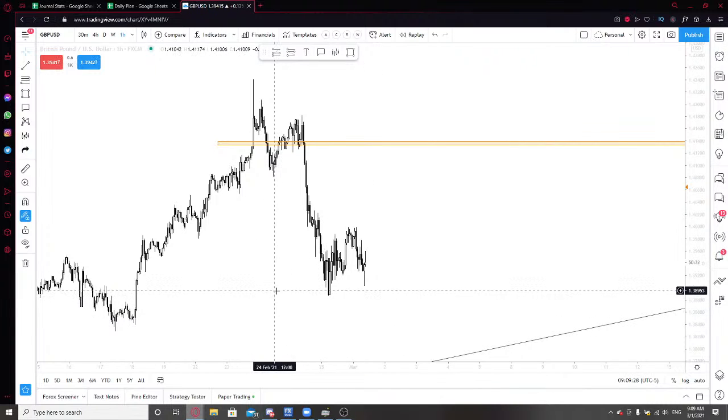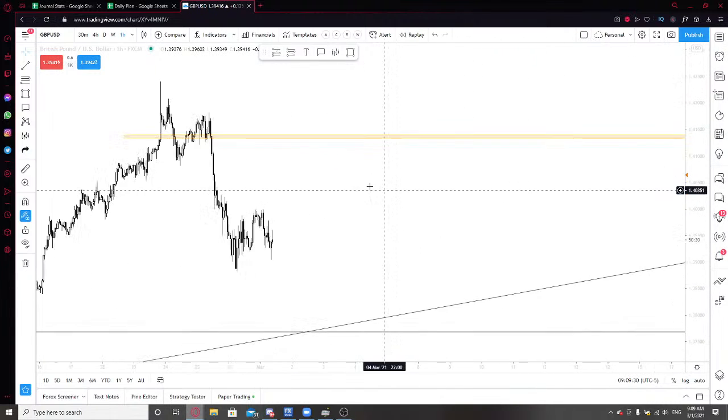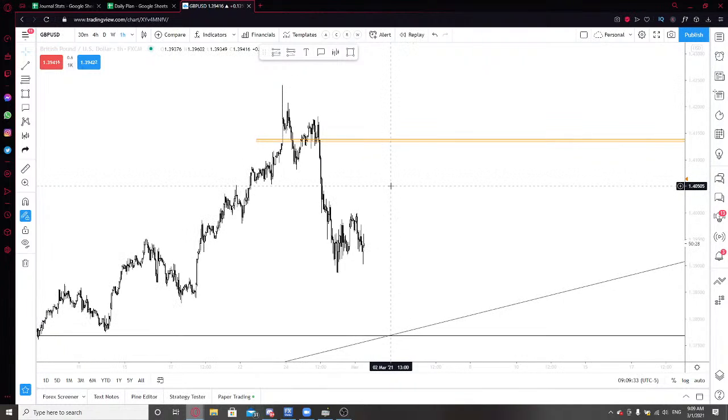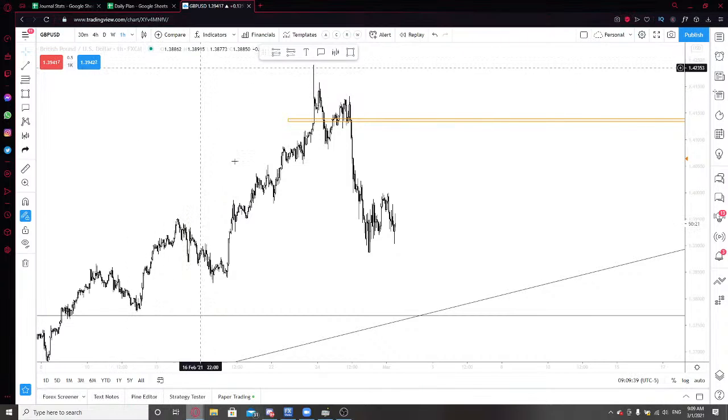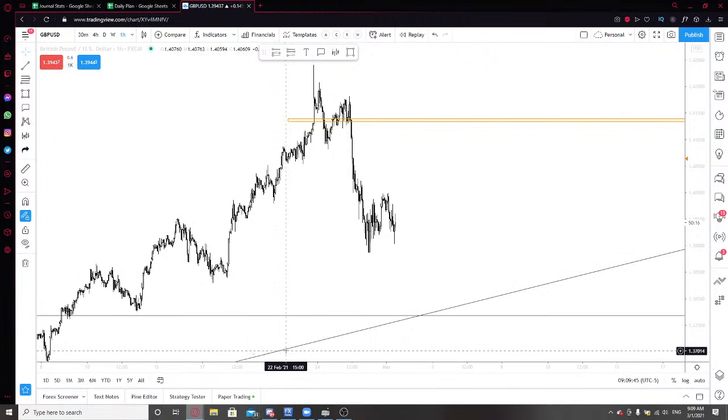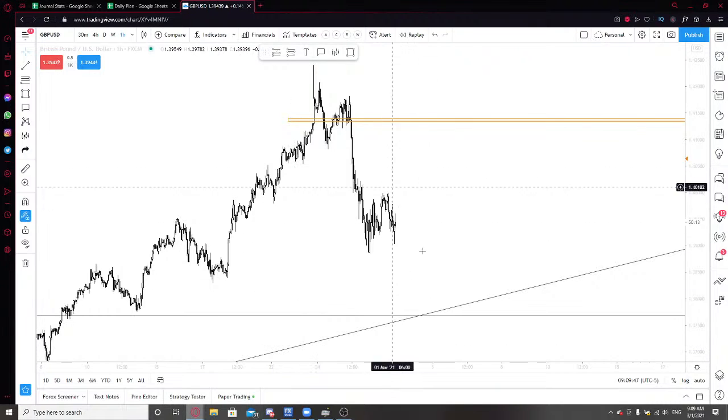Obviously, if I'm noticing that I'm losing on one consistently, I'm going to ditch it or toss it to the side, take it off my list for the time being. But these are the primary pairs I plan on trading for the year.